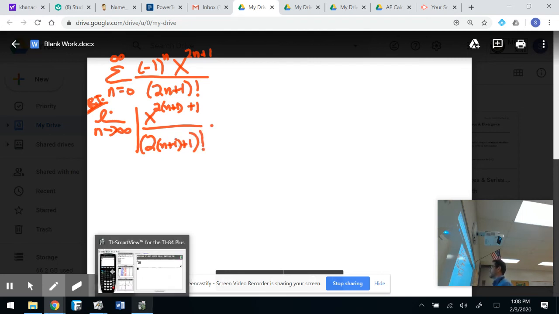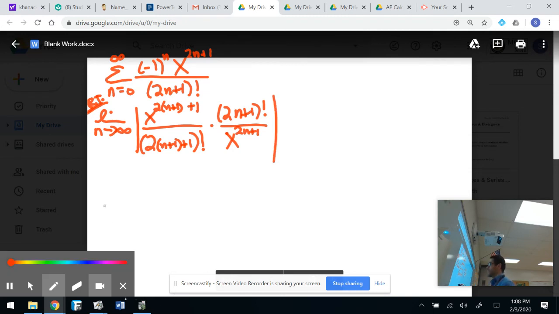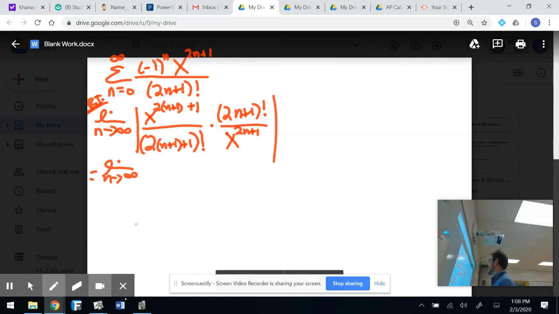Hopefully I didn't lose anybody there. Multiply by the reciprocal of the original. Once again, we don't need that alternator, so we get rid of that. There's probably some simplification I need to do. That would be x to the 2n plus 3 all over 2n plus 3 factorial.